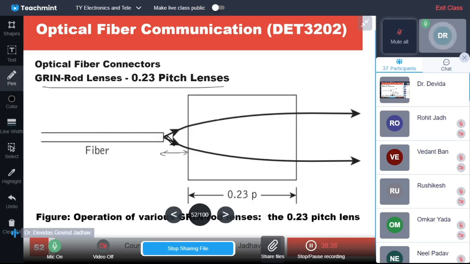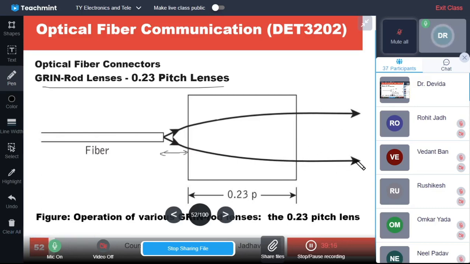It is a fiber. The fiber has a diverging beam. The beam is divergent. As compared to this 0.23 pitch, this distance is very small, and during this distance the beam may diverge and acquire an area of a few tens of micrometers, but the lens is hundreds of micrometers large, so the lens will very easily cover all the diverged beam, and all of it travels sinusoidally into the GRIN rod lens, and then becomes a collimated beam.